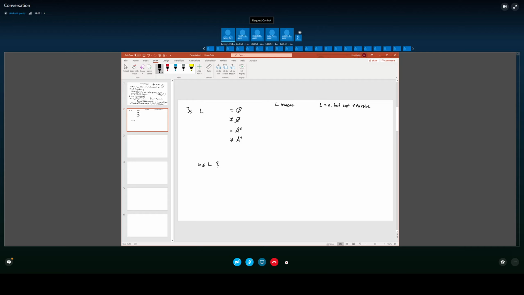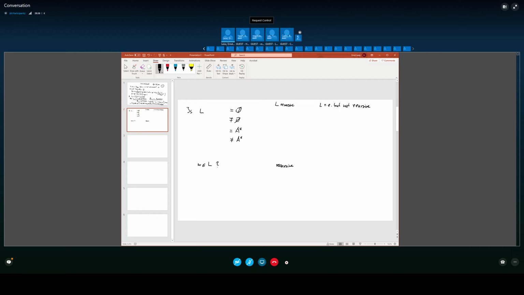Now, W in L, that's of course the fundamental question that defines recursive versus RE, but not recursive. If you think about it, this is of course recursive, meaning that you will be able to say yes or no if L is recursive.